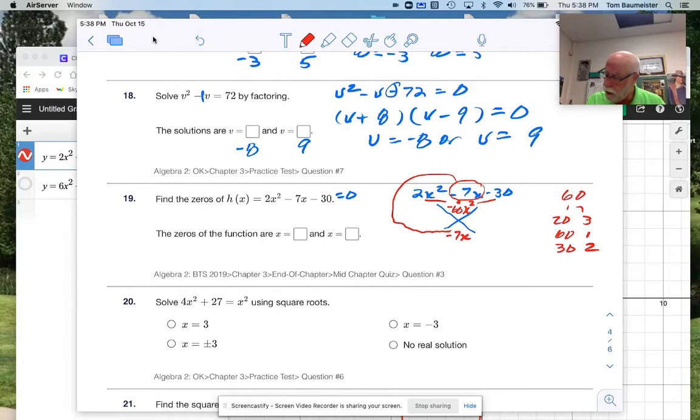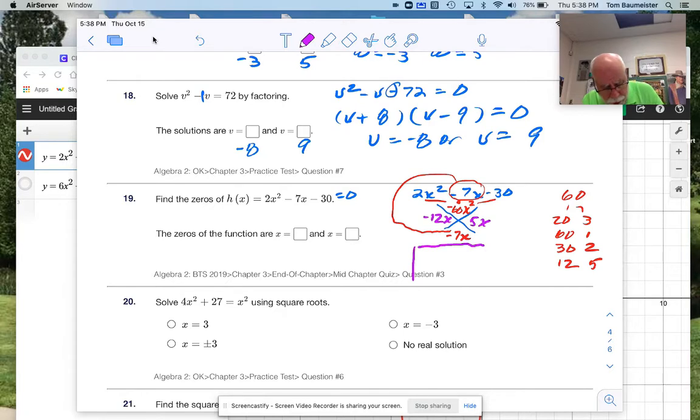Let's see, what else do I have? Well, how about 12 times 5? 12 times 5 equals 60 also, right? Oh, hey, look, that one works. So which one am I going to make negative, the 12 or the 5? Negative 12x and 5x.